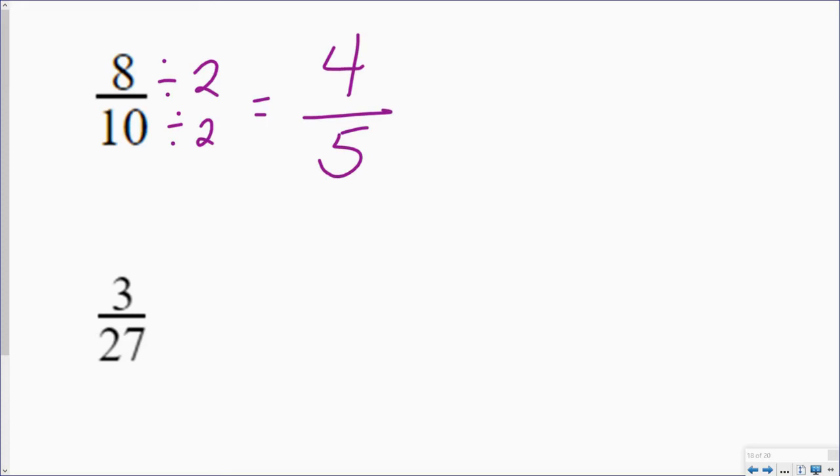So 8/10 simplified to its smallest size would be 4/5. Here I have 3/27. Well, I know that both are divisible by 3. So when I do that, I get 1 over 9. So 3/27 simplified down is 1/9.